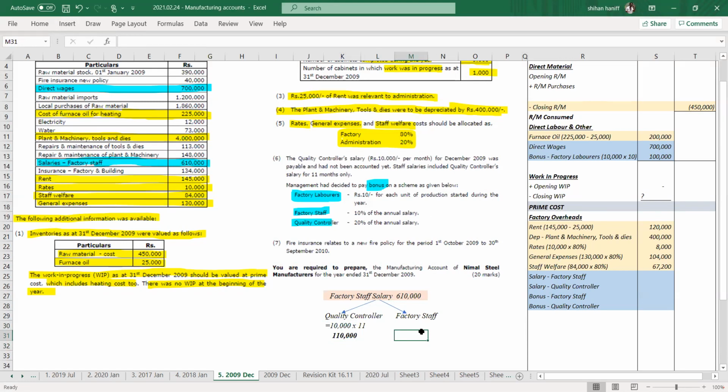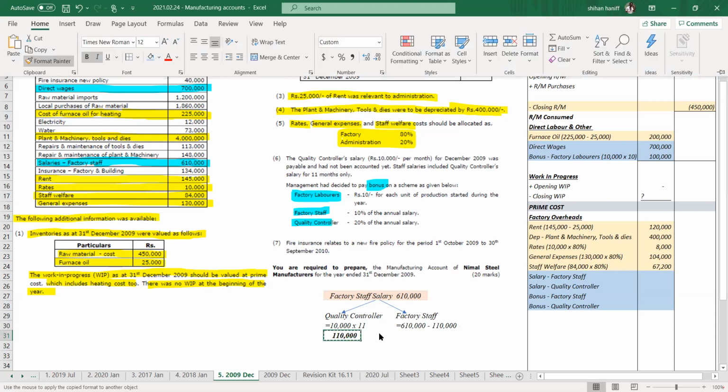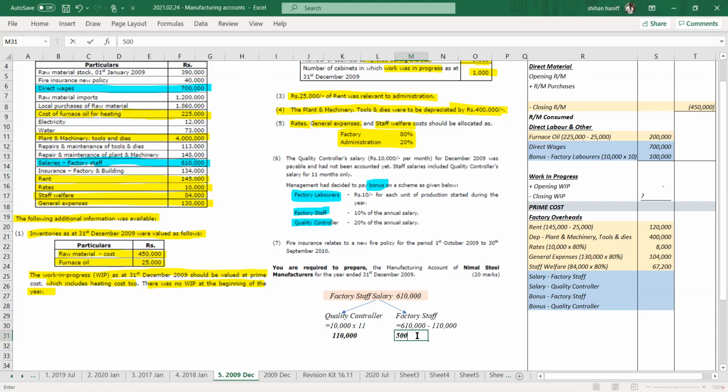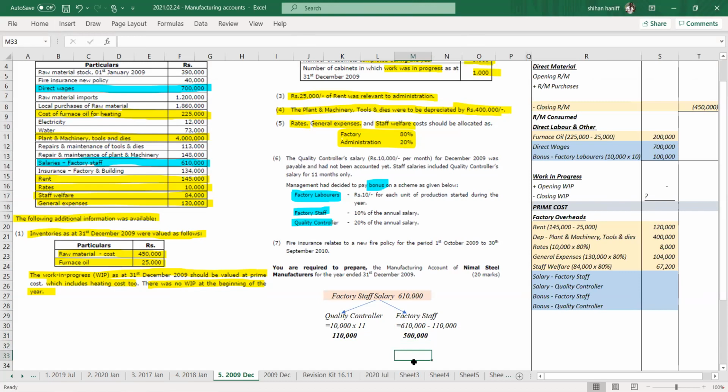And the remaining salary belongs to the factory staff. So how do you calculate the remaining salary? Which is 610 minus 110,000. And how much is the answer? 500,000. Okay. So 110,000 belongs to the quality controller. Factory staff salary is 500,000.